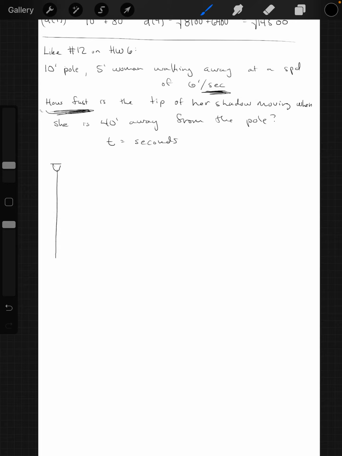So we have a light pole, a lamppost here that is 10 feet tall. Right, and we have a woman who is moving away from the lamppost, who is 5 feet tall, and this is the ground she's walking on.